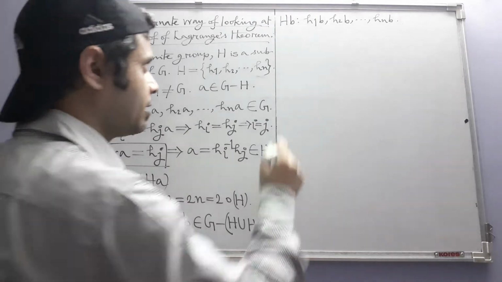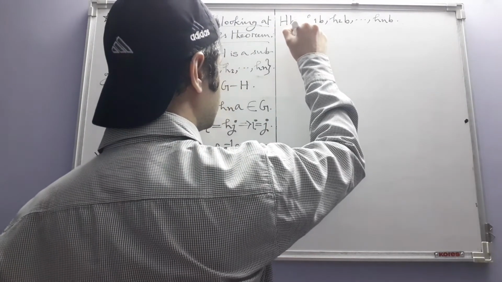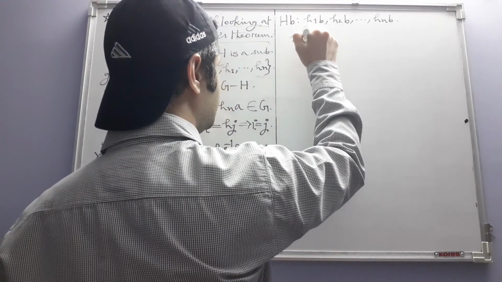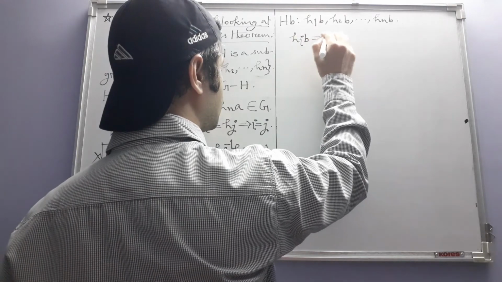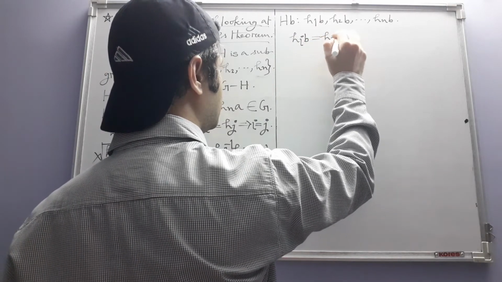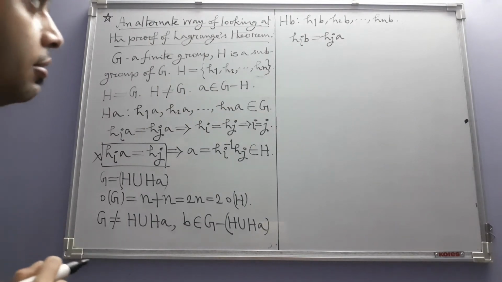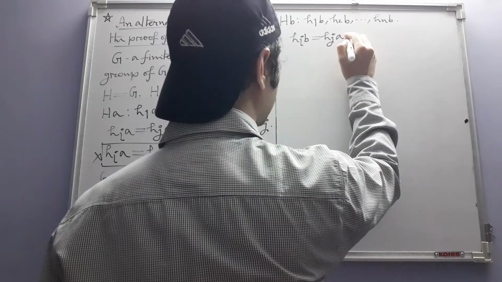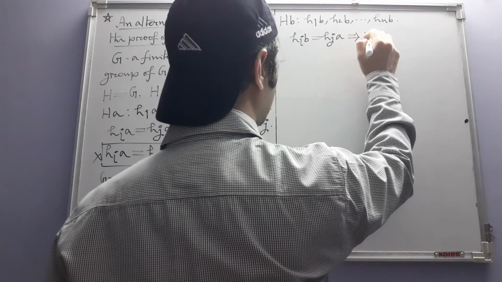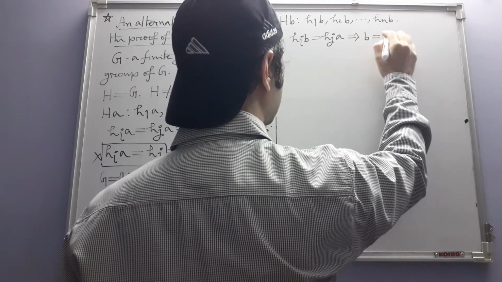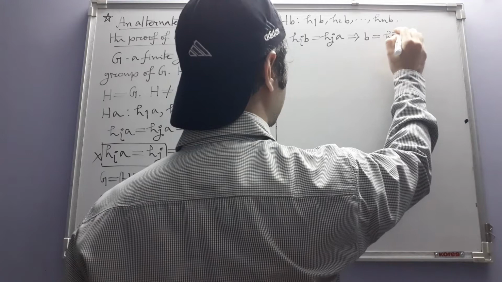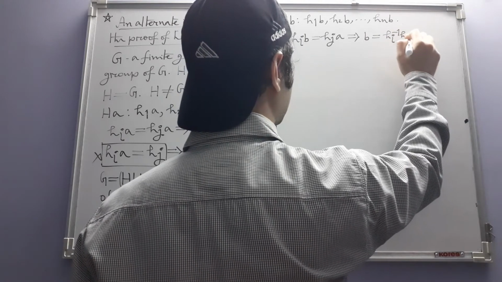What happens if you have something like that? Say HIB is equal to HJA for some I and J lying between 1 and n. If that happens, then B can be written like this: HI inverse HJA.